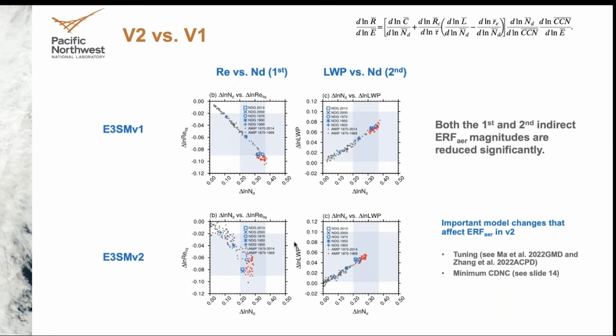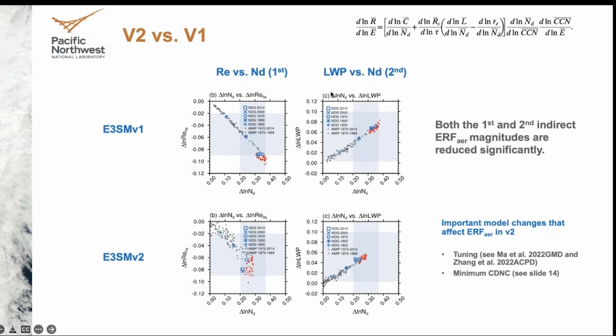But you can see for V2, this change is significantly reduced to about 0.2. Also, if you look at the relative changes in effective radius, the magnitude also changed from about 0.09 to about 0.08.